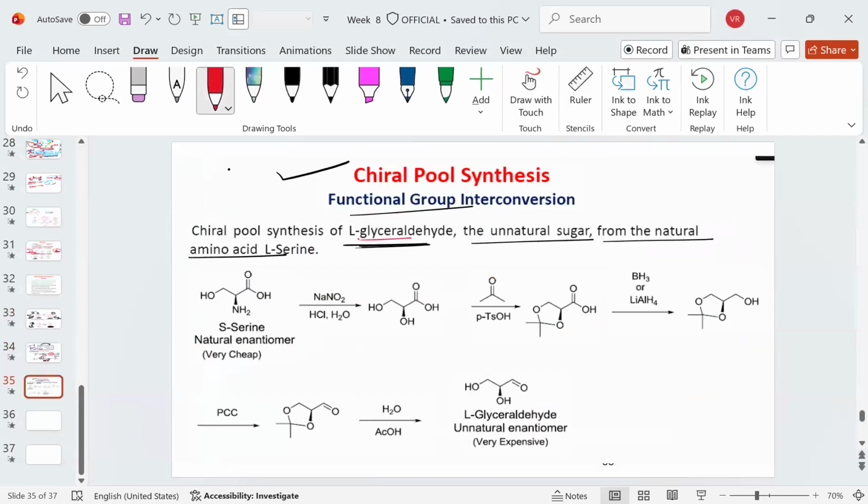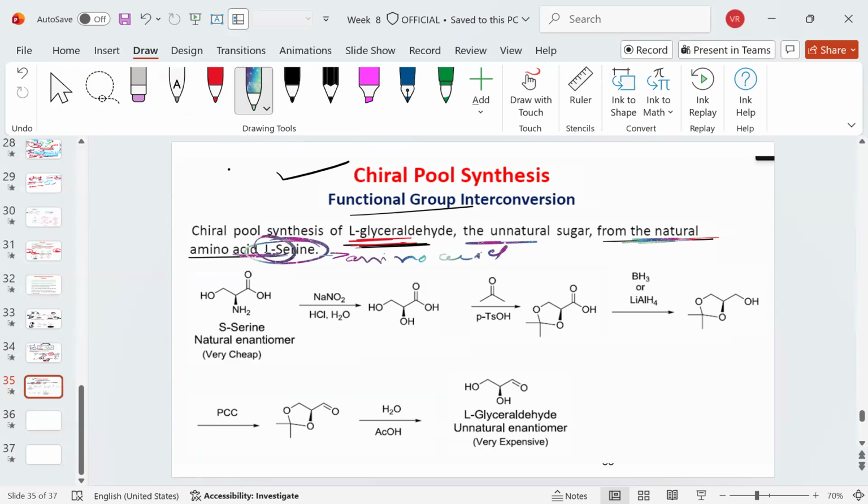So this is the chiral pool synthesis of L-glyceraldehyde, the unnatural sugar, which is not really synthesized by nature, from the natural L-serine. L-serine is basically an amino acid.